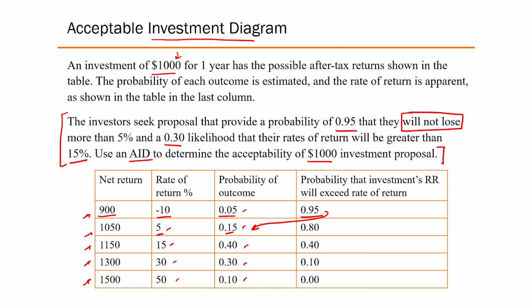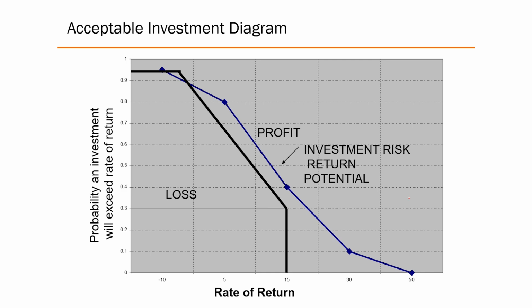Basically cumulative probability, but I'm subtracting from 1 and gradually subtracting, so you generate this kind of a profile. Now you simply plot the rate of return and the probability on the curve. So this particular blue line is what we are getting. I'll show you some of the points. Again, this is not continuous, but you can make it continuous in terms of rate of return, not a problem.